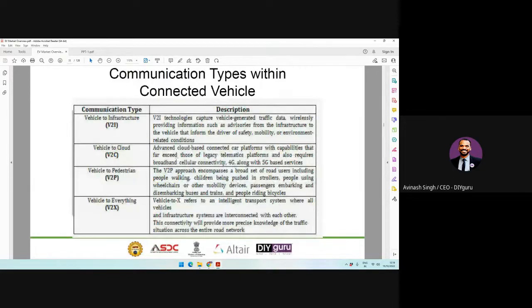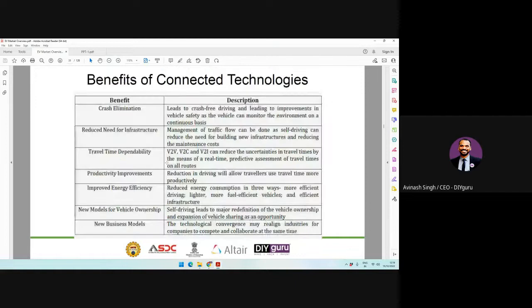On a broad side, vehicle to vehicle communication is there to minimize the chances of collision between the vehicles.